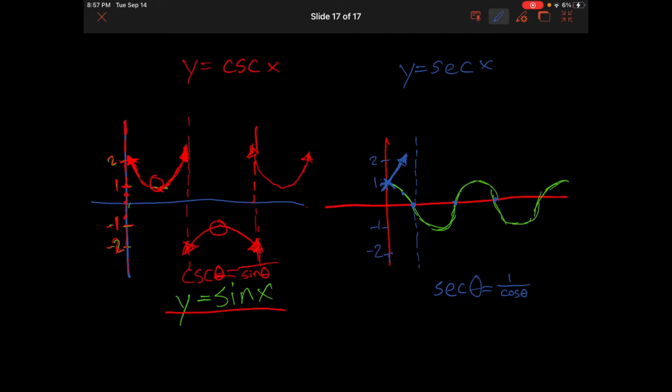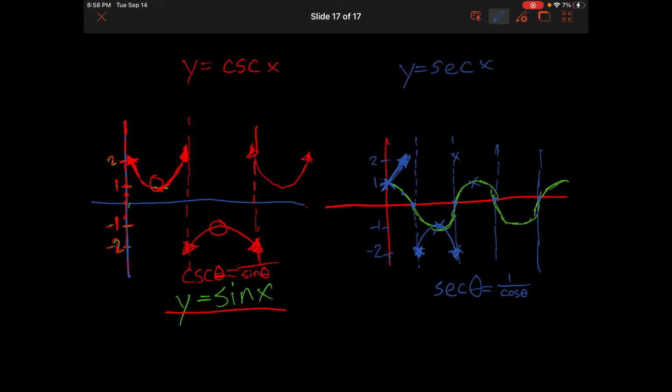Let's just do that at all the points where the cosine graph goes through the x-axis. All right, now what's 1 divided by negative 1? Well, it's negative 1. So we're down here. And now what's 1 divided by negative 1/2? Well, it's negative 2. Now what's 1 divided by 1/2? Well, it's 2. 1 divided by 1 is 1.